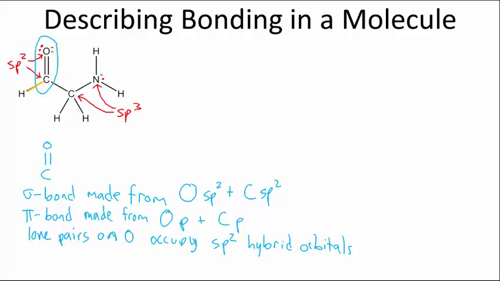Then this CH bond that I highlighted in orange here. What kind of bond is that CH bond? Sigma. So this is a sigma bond. And what two orbitals come together to make that?